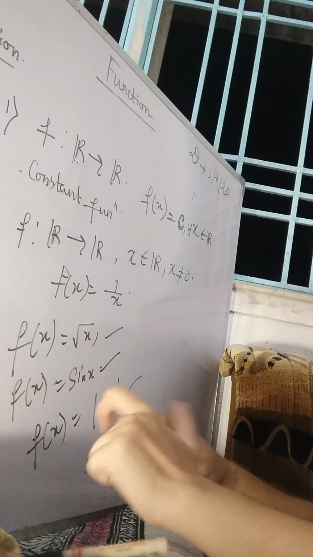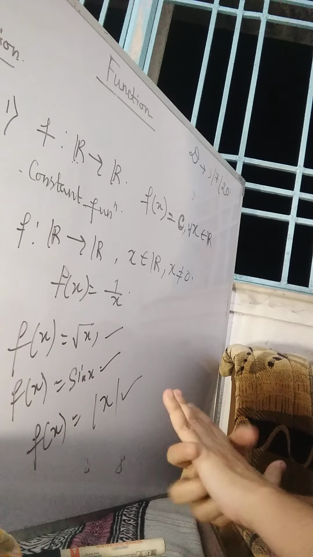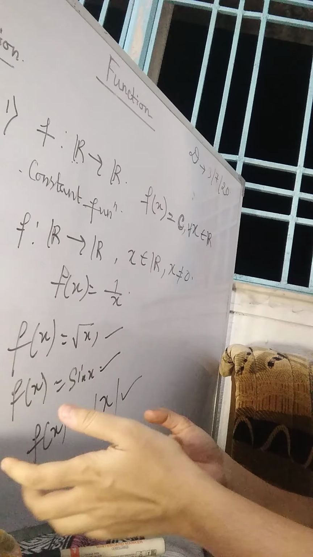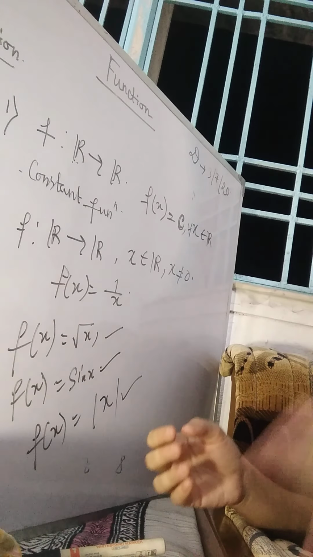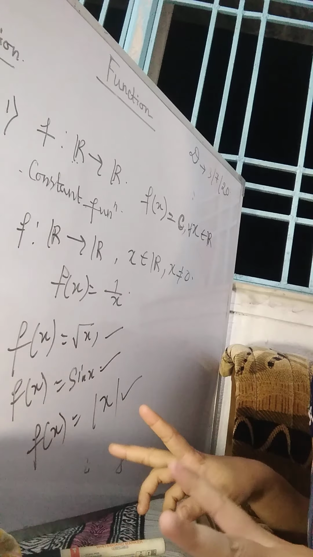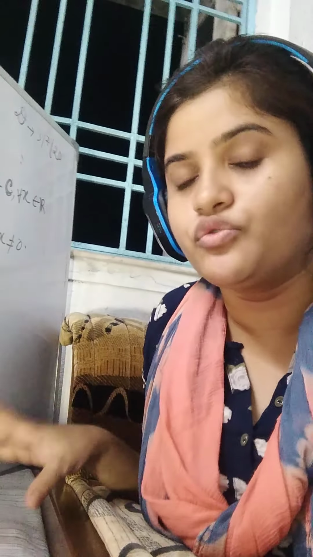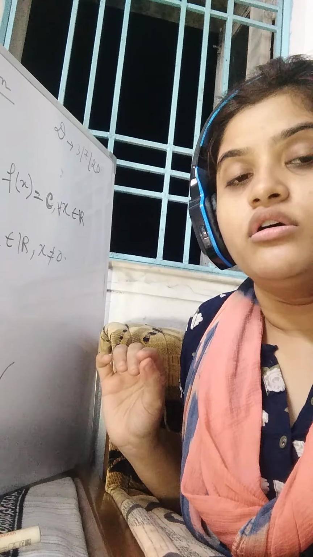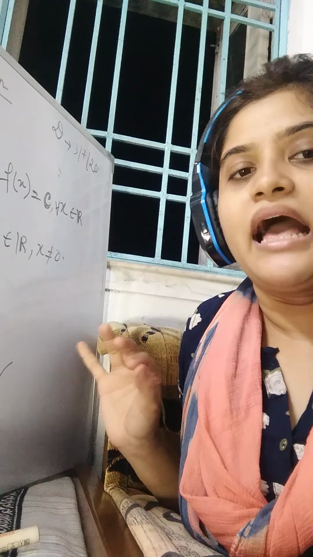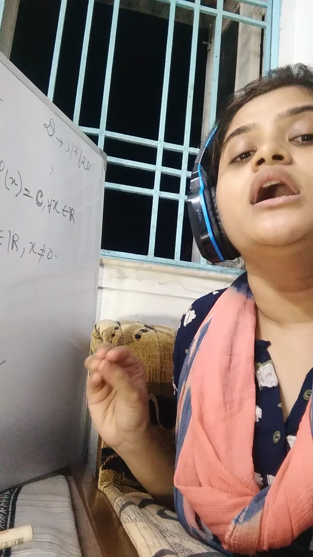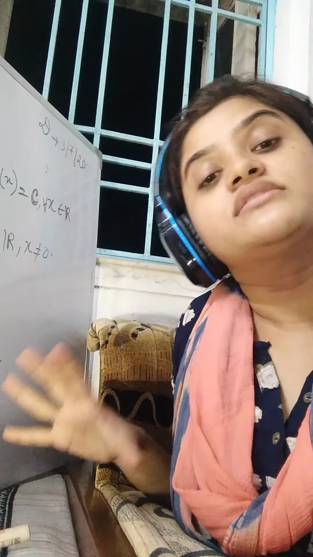Okay. Now we are going to the topic, that is the properties or types of functions. Here we are discussing two types of functions, that is the injective function and the surjective function. You already know that they are the one-one function and the onto function. First of all you have to have a clear idea of what a domain is and what a range is.